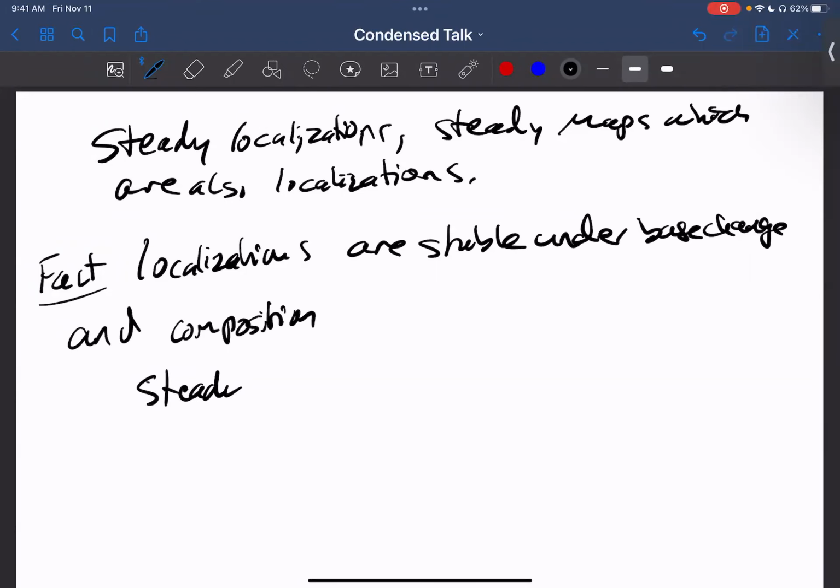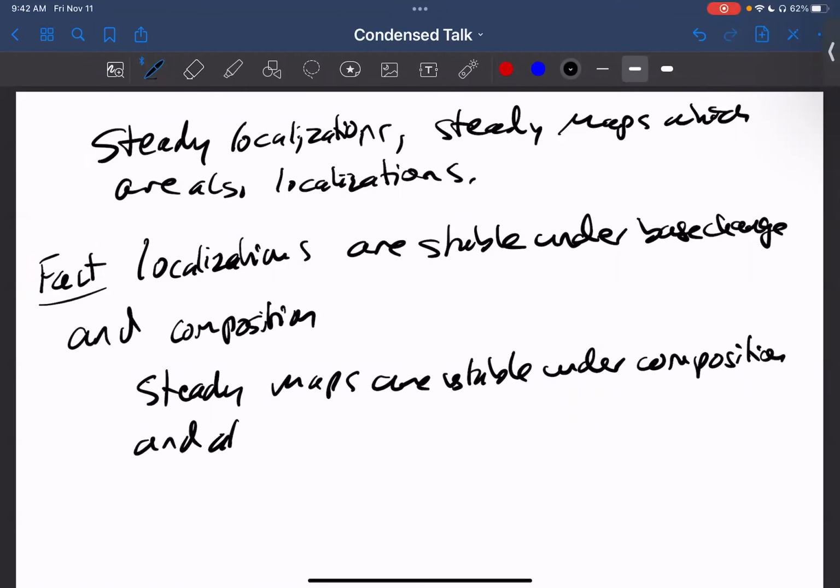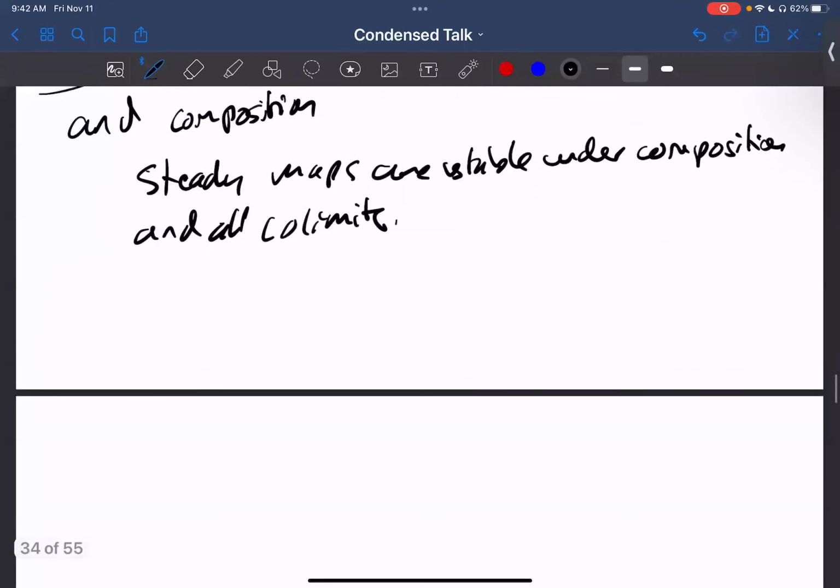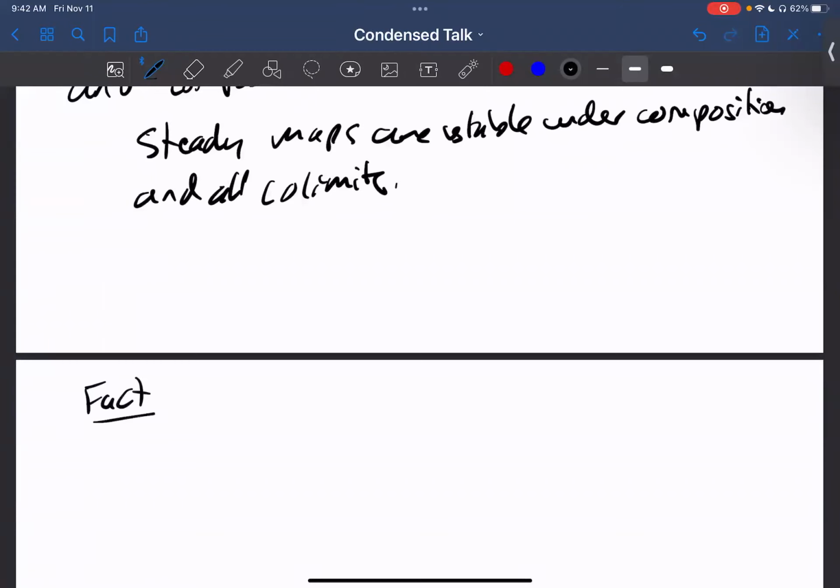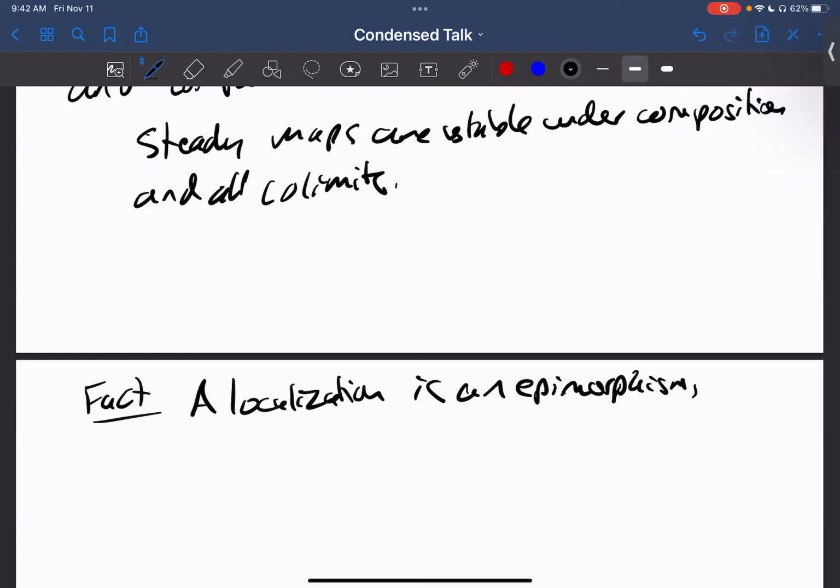Steady maps are stable under composition and all colimits, in particular under base change. And one more fact. A localization is an epimorphism. And if f is steady, the converse holds.